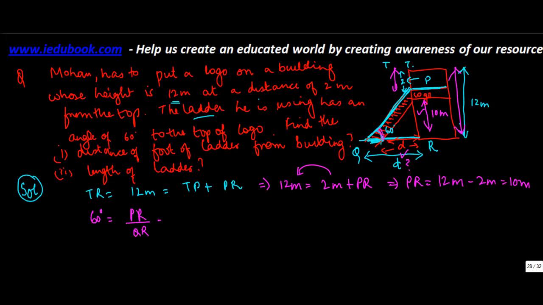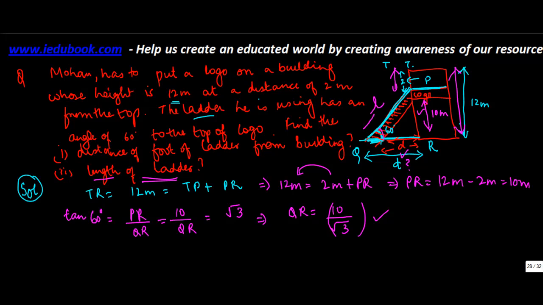And we know that this angle is 60 degree. Therefore, tan 60 degree is equal to PR upon QR. Now PR I know is 10, QR I don't know. What's the value of tan 60 degree? Tan 60 degree is equal to root 3, or QR is equal to 10 divided by root 3. That's the length of QR. So that's the distance of the foot of the ladder from the building, right?